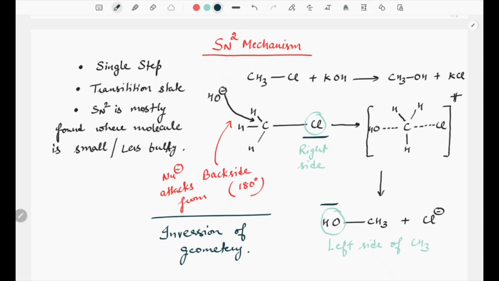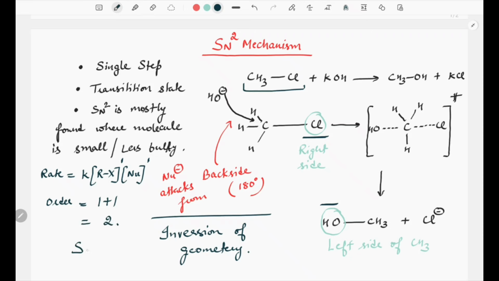Now since this reaction involves only a single step, the rate can be written as k[RX], RX for this CH3Cl, and [nucleophile]. Since only these two species are involved, the order of the reaction is 1 plus 1, 2.